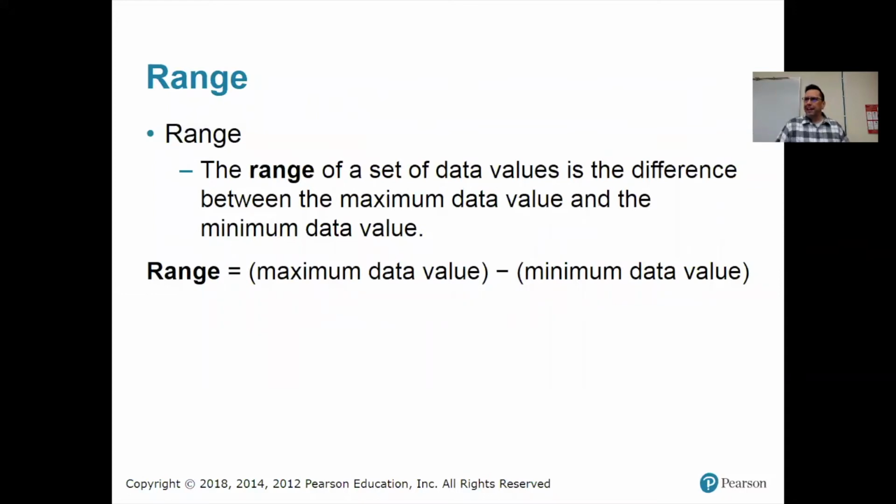The easiest way to do that, though it definitely does not take into account every single value in the set, and it's the fastest way, is to do the maximum minus the minimum, and that's called the range. Maximum minus minimum.